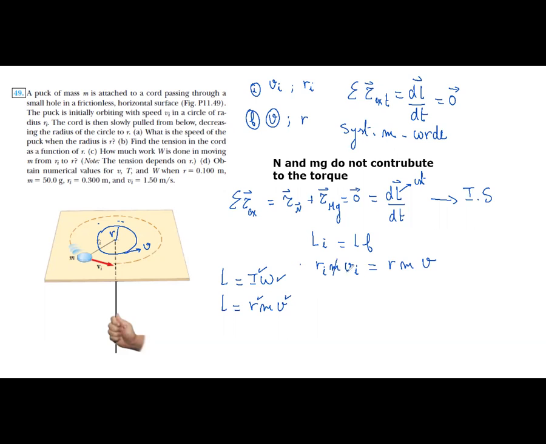I want to calculate v, which equals R initial divided by R times v initial. This is the value of v in terms of the initial velocity.